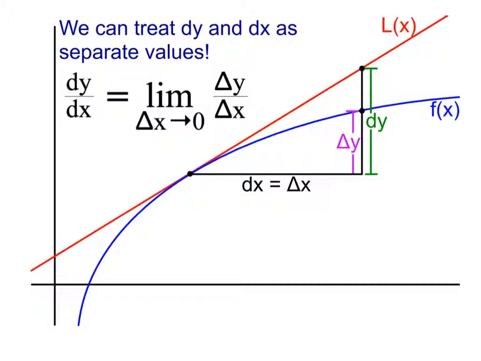So really dx and delta x represent the same thing. But depending on which one we're looking at, dy is for the linearization or the tangent line. Delta y is the actual curve. But of course, as we get closer and closer to where those points are the same point, or in other words, as delta x approaches 0, that becomes the same number. And so that's why dy over dx has always been the derivative.